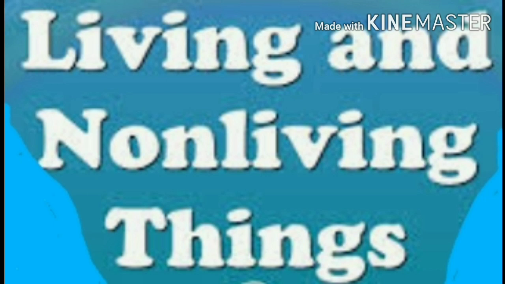How do we differentiate these things? Some of these, like mountains, land, buildings, are non-living things, while others, like plants, insects, birds, and animals, are living. What are the basic differences between these?